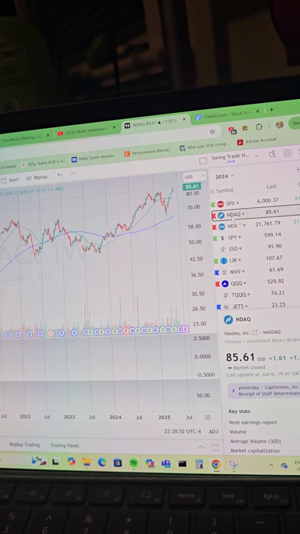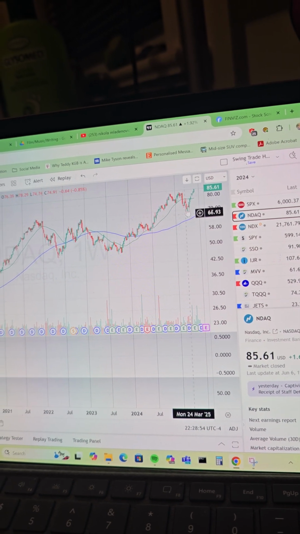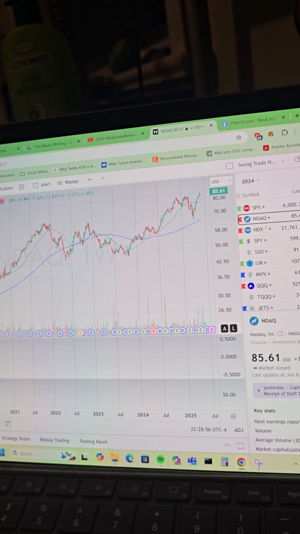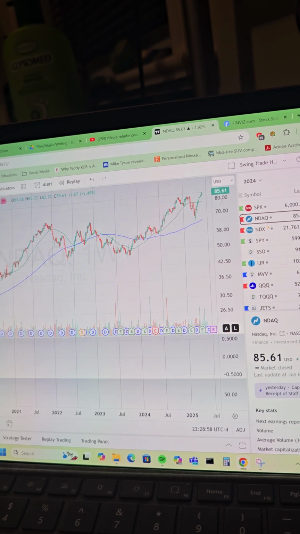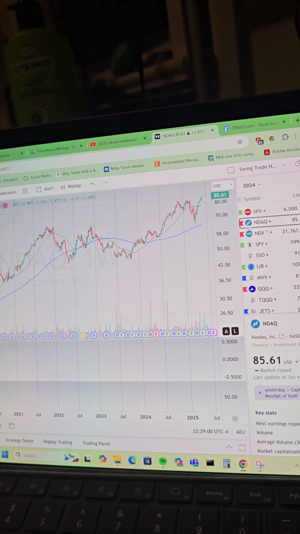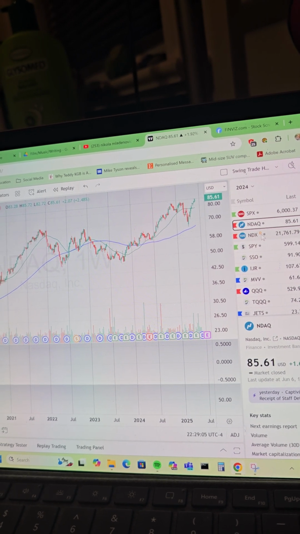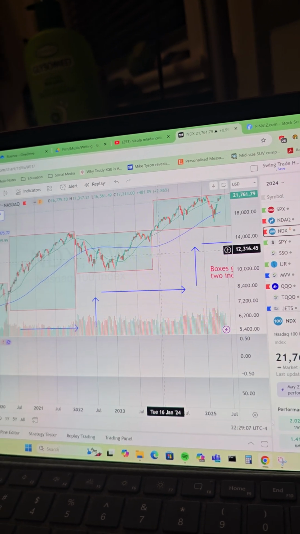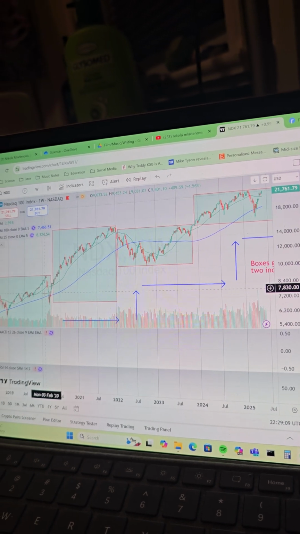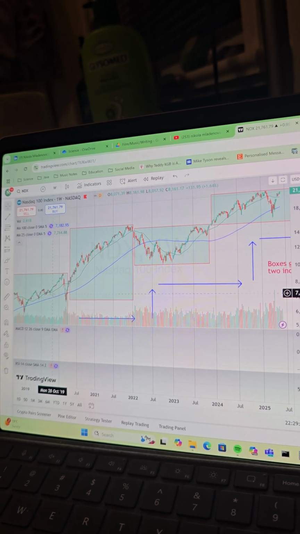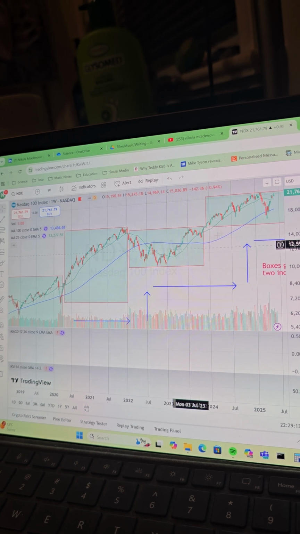What is this? This is the NASDAQ. Some sort of NASDAQ. I got some sort of S&P 500. This is the NASDAQ 100. Here I got boxes, like a box here, a box here, a box here.